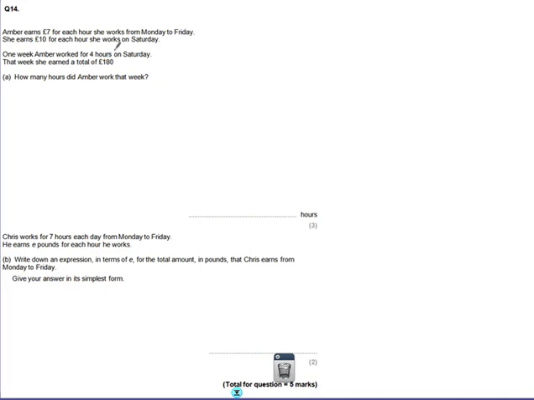Well, she worked 4 hours on a Saturday, so she earned £40 on Saturday, because she gets £10 for each hour she works on Saturday. So that leaves us with £140 for the rest of the week. And we know that £7 for each hour, so she must have worked for 20 hours, because 20 hours times 7 is £140 that's left.